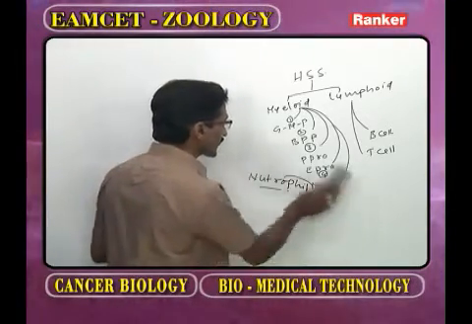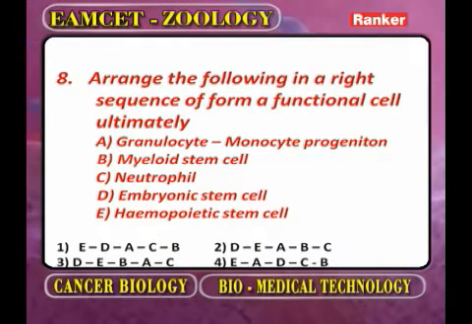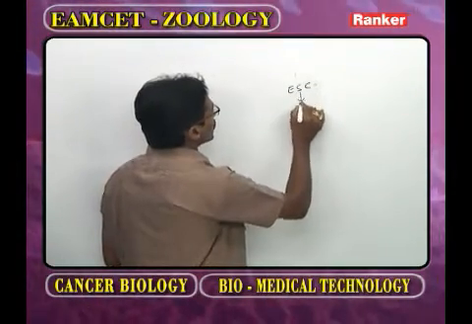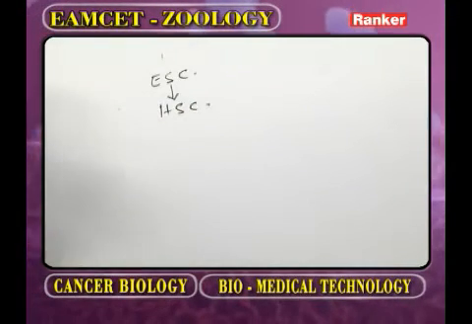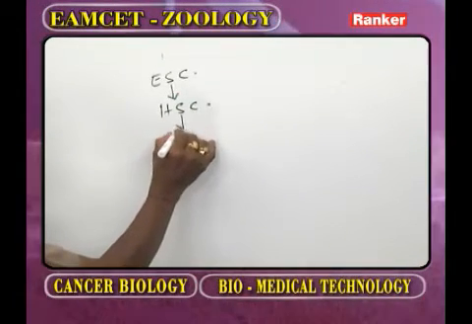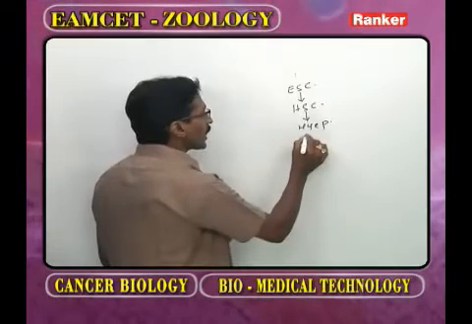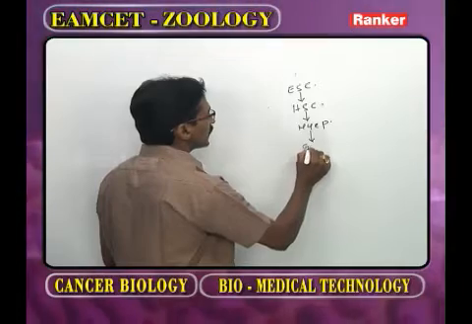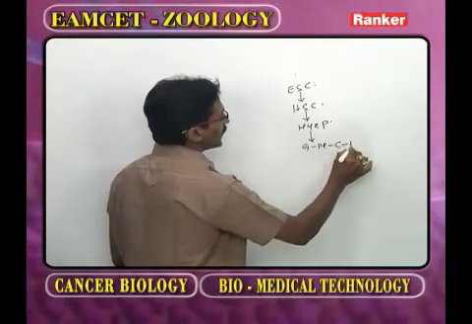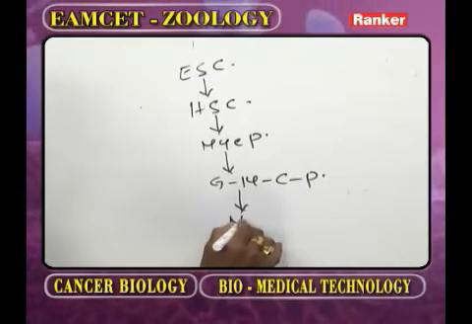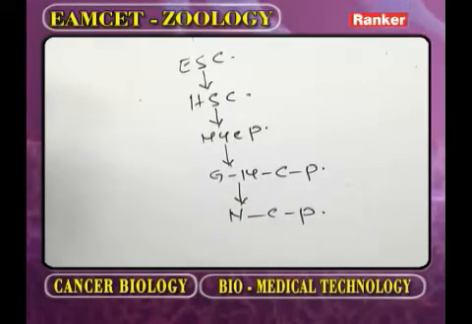Now you have to observe the order. Regarding this question, the first one is the embryonic stem cell. It gives rise to the hemopoietic stem cell. The hemopoietic stem cell gives rise to myeloid progenitor. The myeloid progenitor gives rise to granulocyte monocyte committed progenitor, and it gives rise to neutrophil committed progenitor.